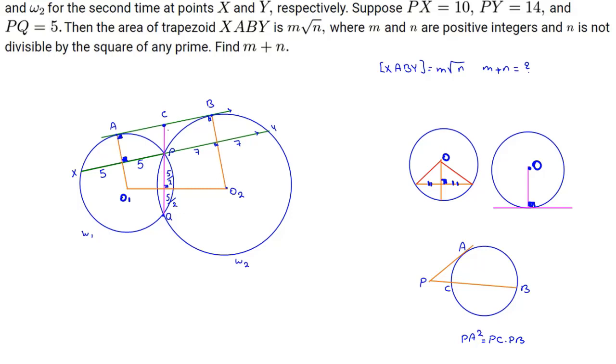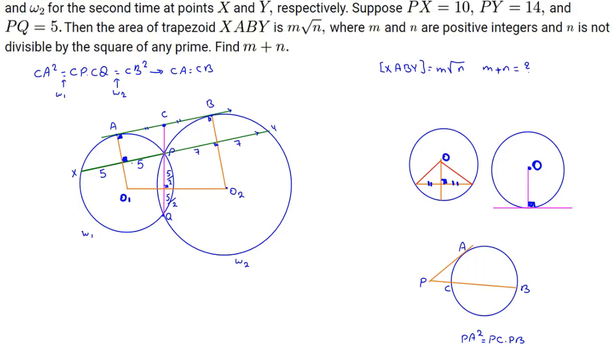Here CA squared, for omega 1, is equal to CP times CQ. If you consider omega 2, CP times CQ equals CB squared. So because CA squared equals CB squared, CA equals CB. So we conclude this length equals this length.